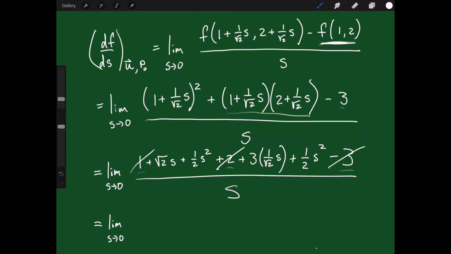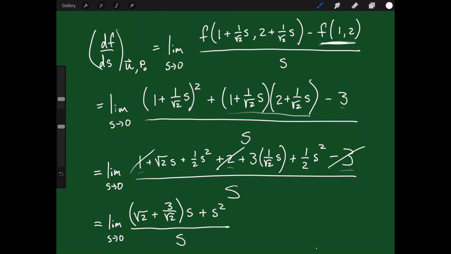I have a square root of 2, and I have 3 over root 2, so I have square root 2 plus 3 over root 2, all of that times s. And then I have a half of an s squared and a half of an s squared, which is 1 s squared. So plus s squared, all over s.